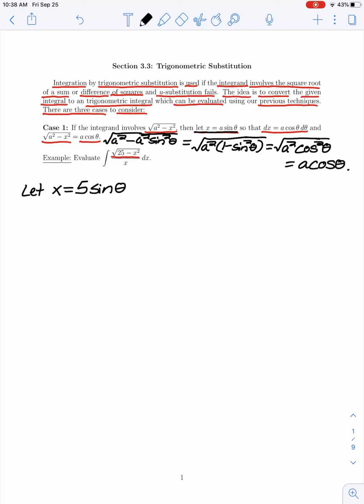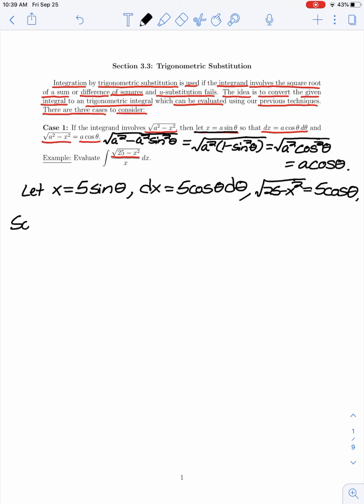And now I want to rewrite this integral in terms of theta. I have what x is. Now I still need to find the differential dx and rewrite it in terms of d theta. If x was 5 sine theta, then dx would be 5 cosine theta d theta. And this square root of 25 minus x squared reduces to 5 cosine theta.